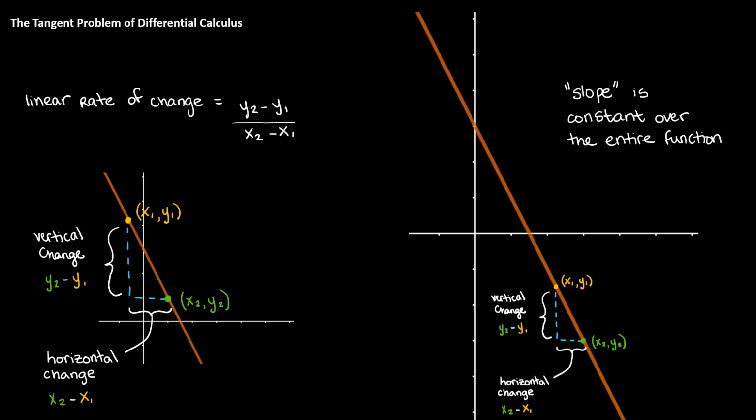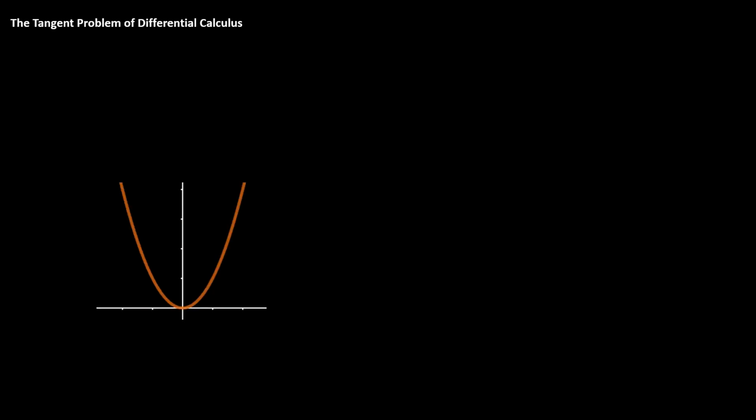But the truth is, there are functions out there that aren't nice, neat, straight lines. But we still might want to talk about how the functions are changing. So we try the same process. Pick 2 points, calculate the vertical change, calculate the horizontal change.